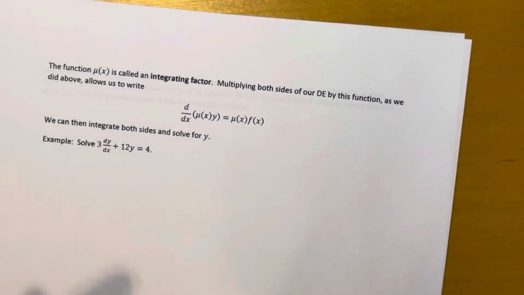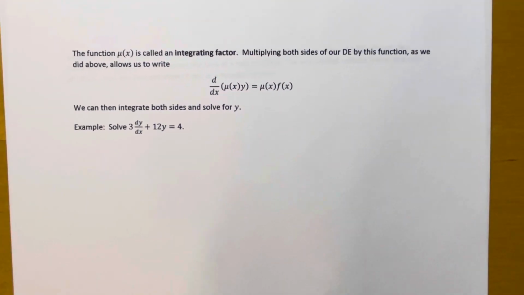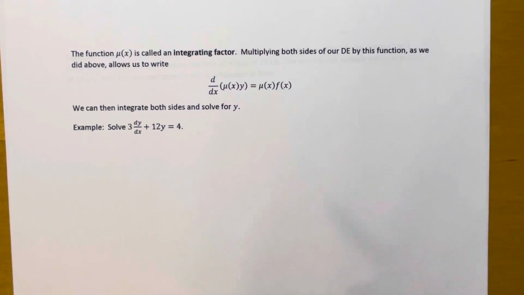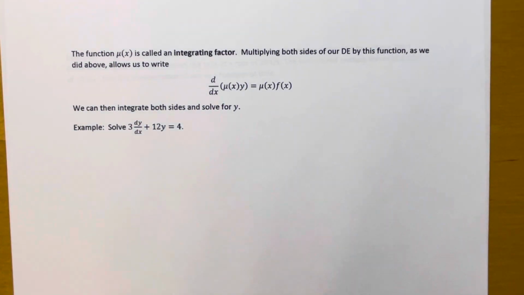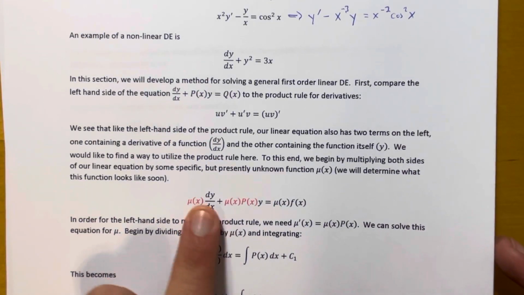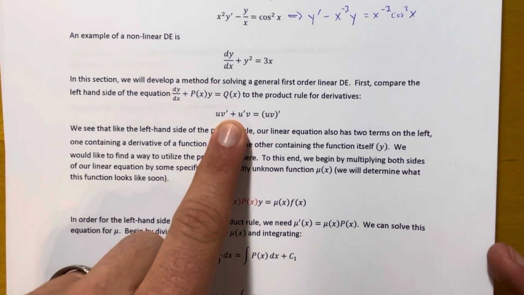Okay, so moving on. Now that function mu that we just talked about is what's called an integrating factor, because by multiplying it to both sides of our DE, it's creating a factor that allows that thing to be integrated. So again, if I come back here, this thing is like the left-hand side of the product rule.